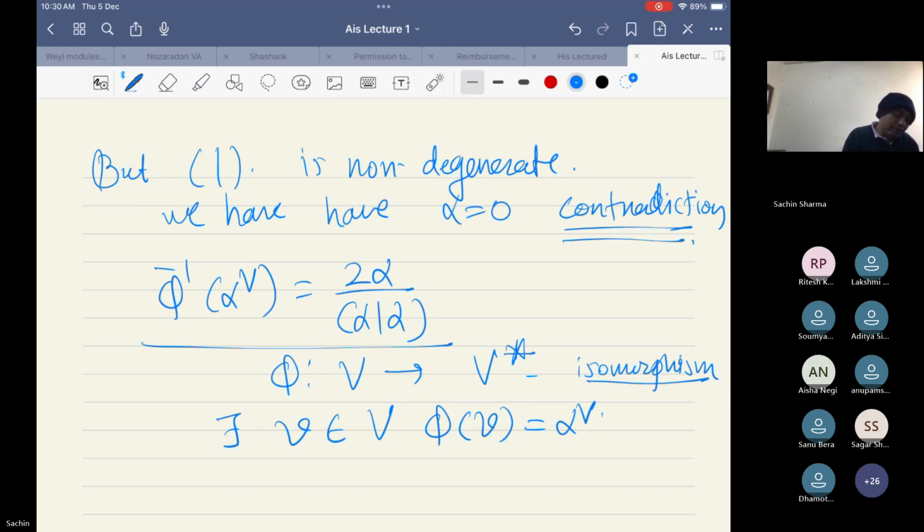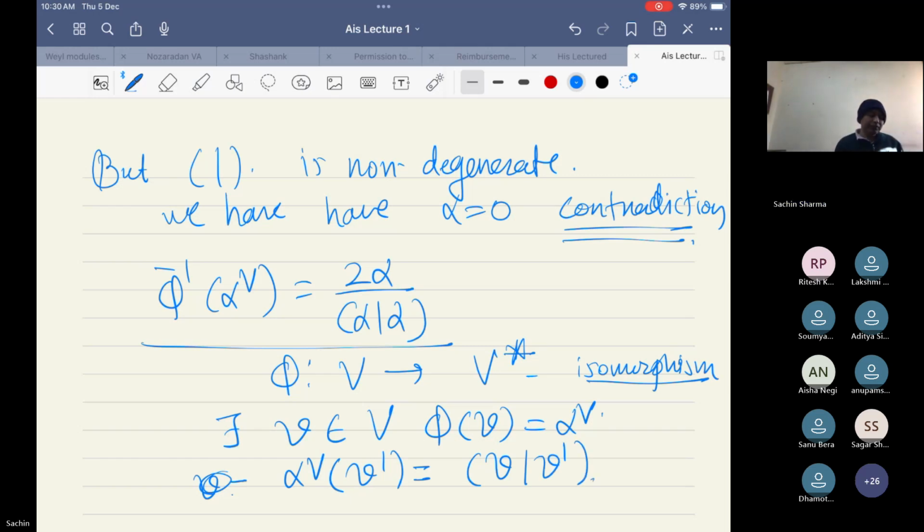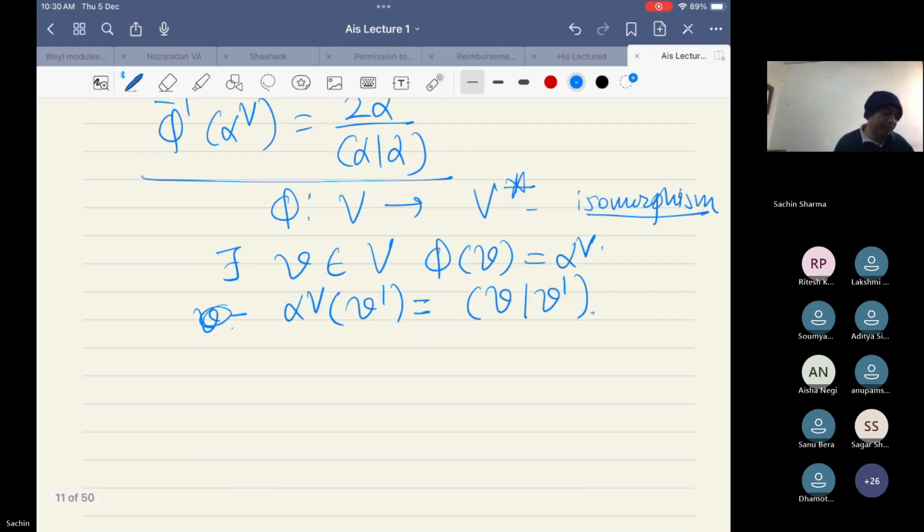Right? And so V will have the form. Suppose alpha check of any V dash is equal to (V, V dash). Now alpha check of alpha is nothing but 2.